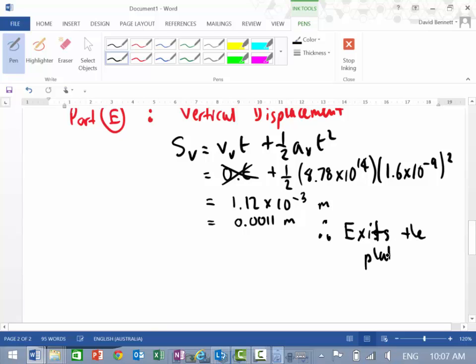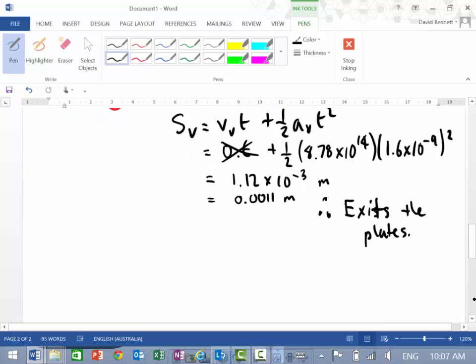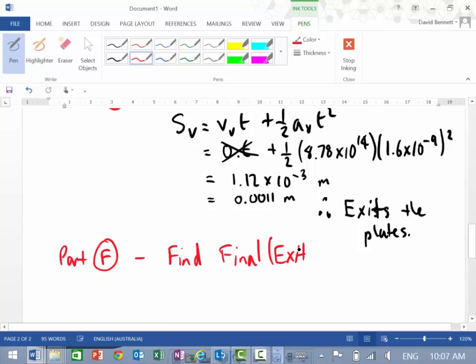What do you think the last thing we would have to do in this question is? Part F. What did we do in the last part of projectile motion? We know how much it's been deflected up and down. So find the final, or the exit velocity.